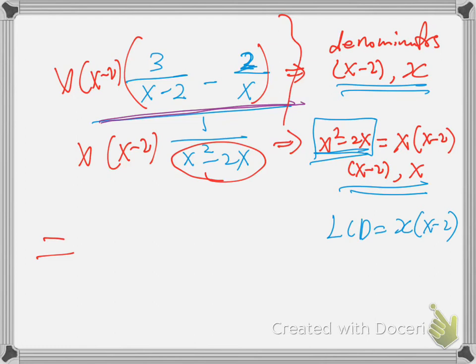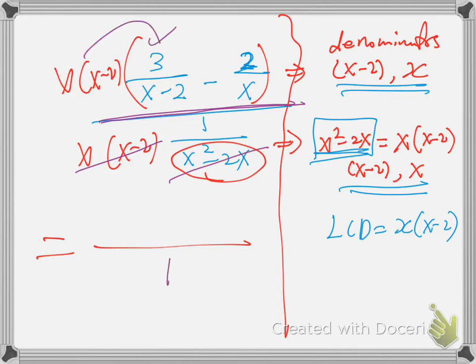On the bottom it's easy, right? They just cancel, so we got 1 on the bottom. On top, first one, x minus 2 times 3 over x minus 2. So x minus 2 cancels, and we got 3x.